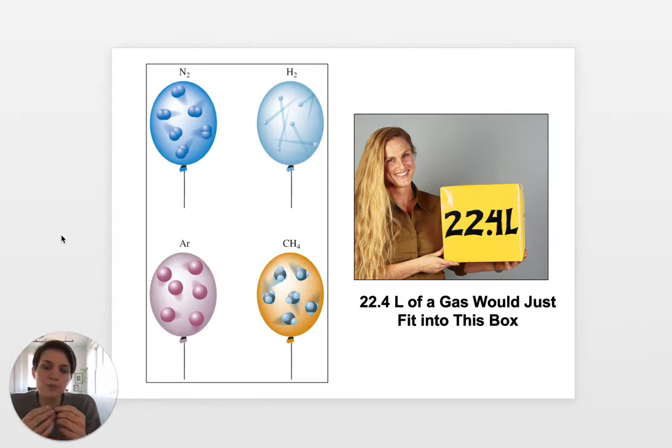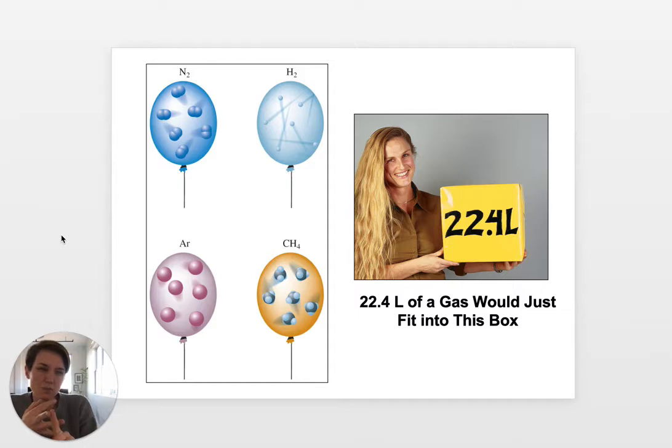So it doesn't matter that there are differences in size of the individual molecules or differences in complexity. All that matters, because we're looking at these as strict ideal gases, is that we have the same number of molecules under the same pressure and the same temperature, which means that they're going to occupy the same volume of space.